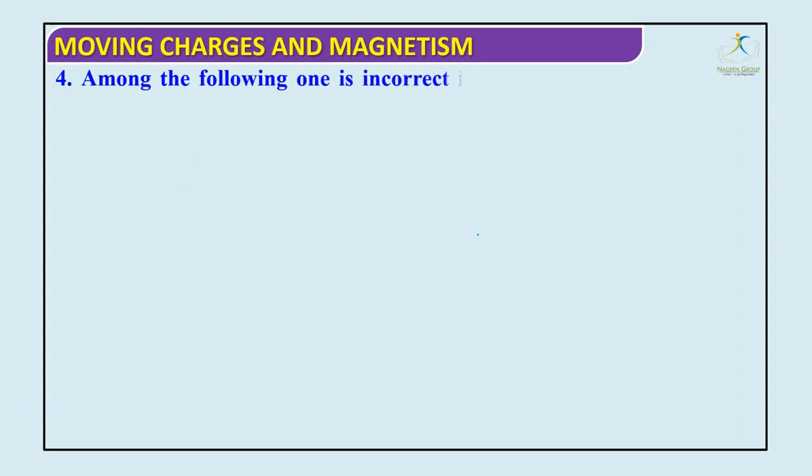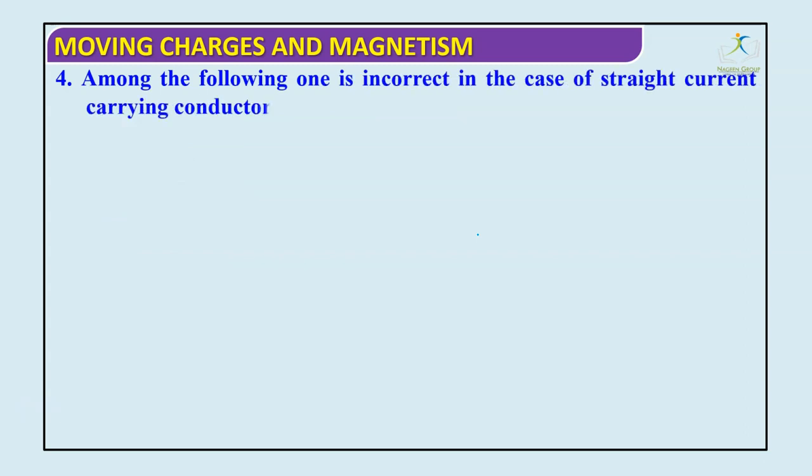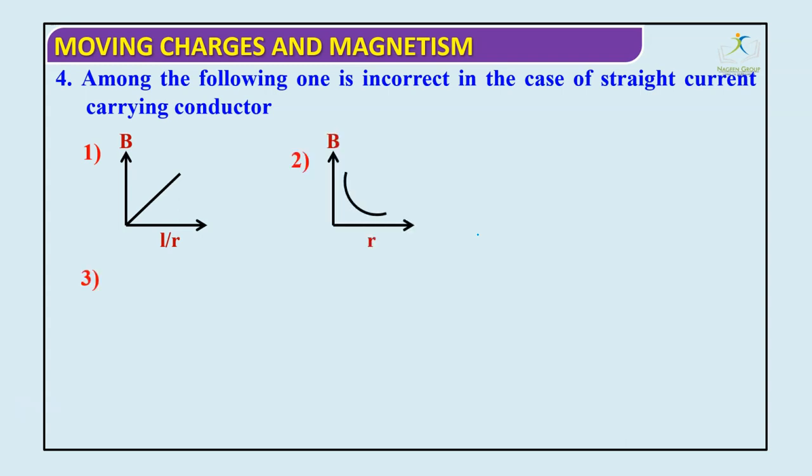Next question we have. Among the following, one is incorrect. In the case of a straight current carrying conductor, we have these particular graphs. Among all these options, one is incorrect.